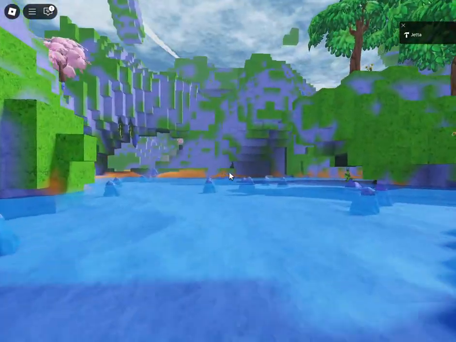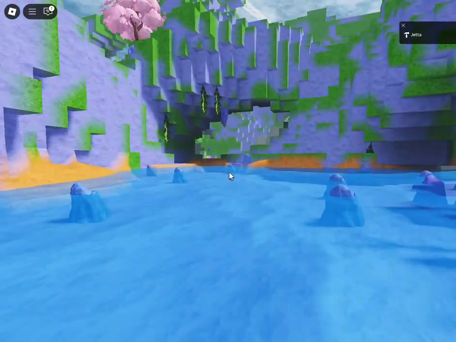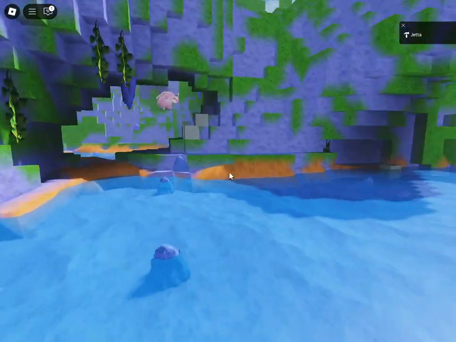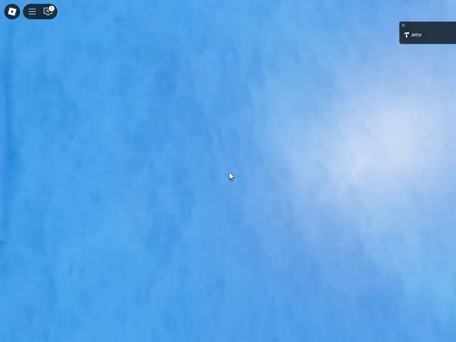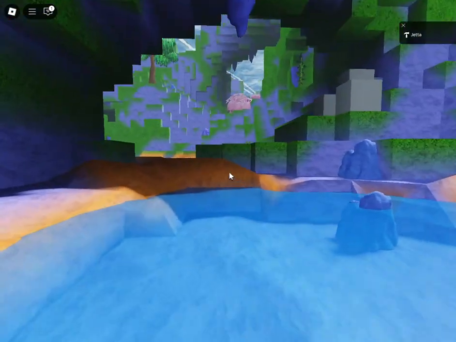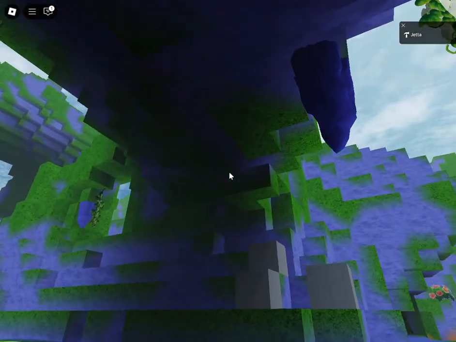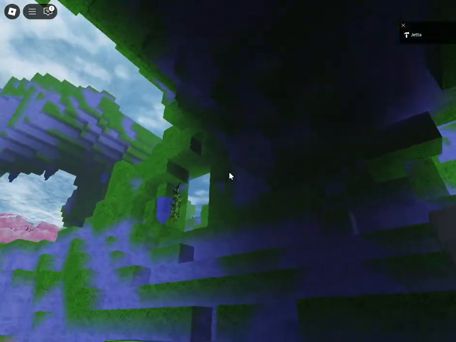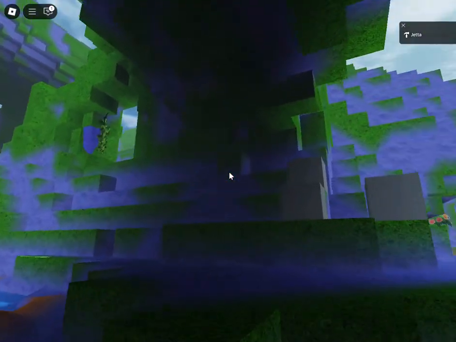So we'll continue here. I think we're going to try looking for a cave, actually, because there's not really anything that generates below this surface right here, but there are a ton of overhangs, and some of them feel like caves.